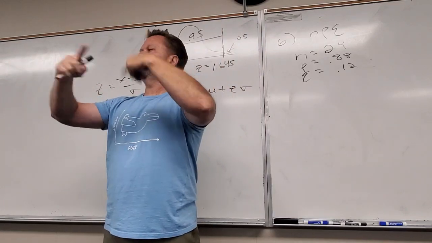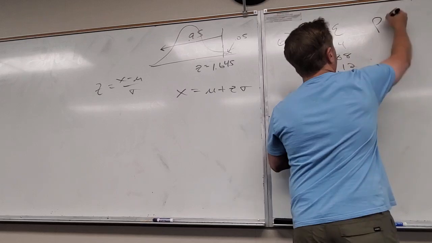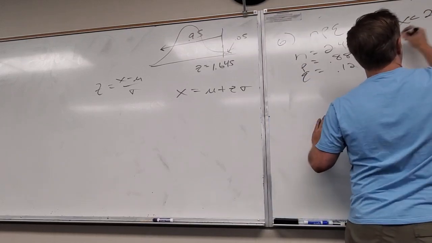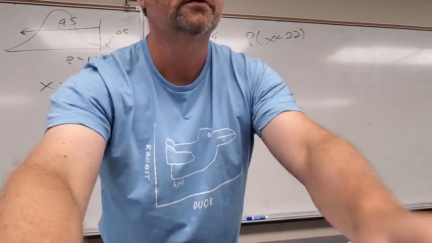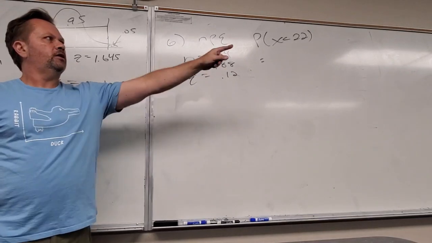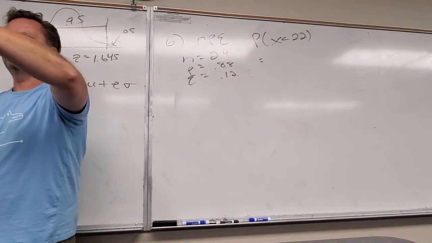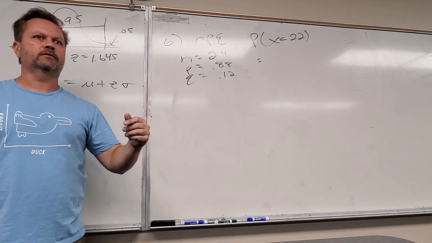So what's the opposite of less than 22? Almost. Let me ask you this way. Couldn't it be 0 through 24? Less than 22, what does that leave out?